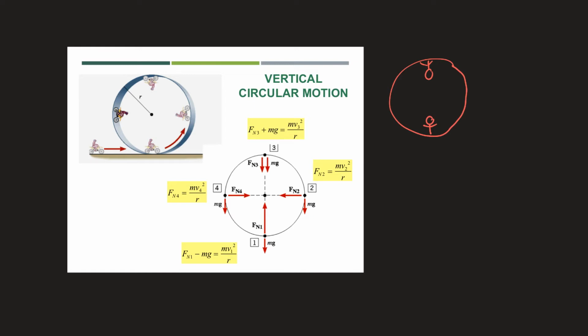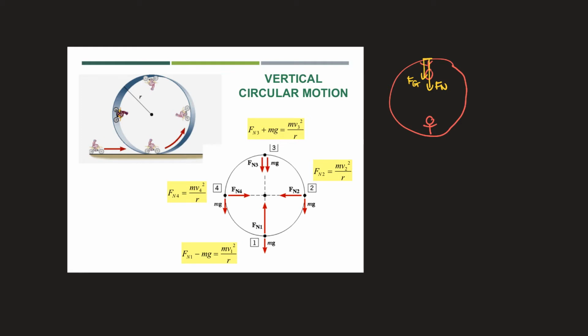So we are going to come up with the equation. This is the surface the person is sitting on. Normal force is always perpendicular, therefore your normal force is going to be in that direction, and your gravitational force is always downward no matter what. So that's the reason why you get Fg in that direction.